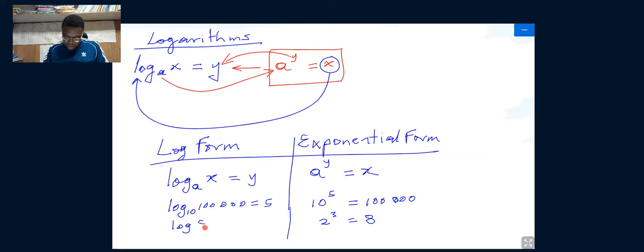The log of 8 with base 2 is equal to the exponent. I think it is clear now. Anybody can follow this. Okay? Right.